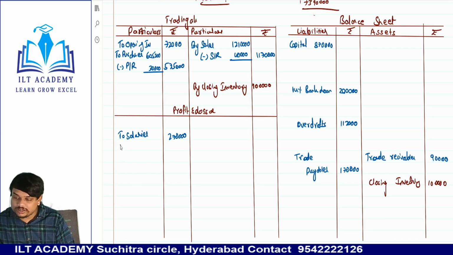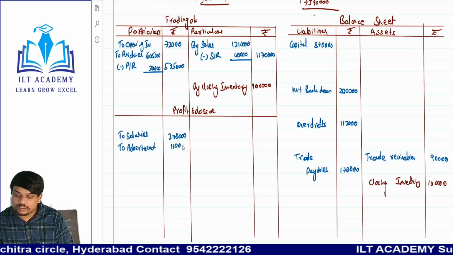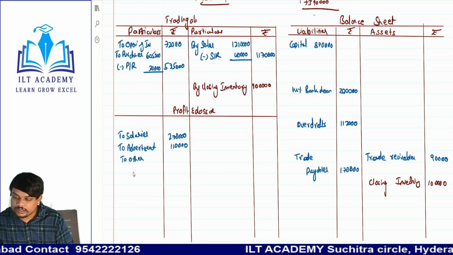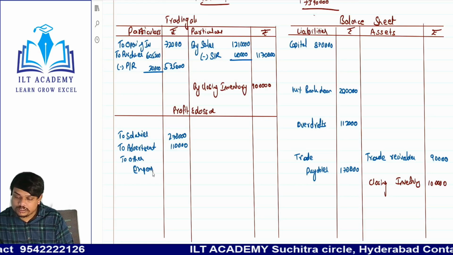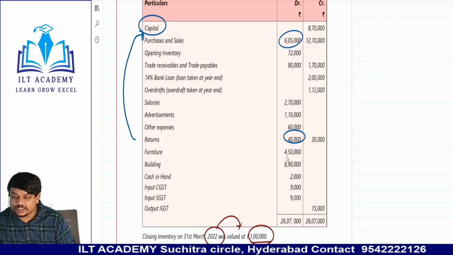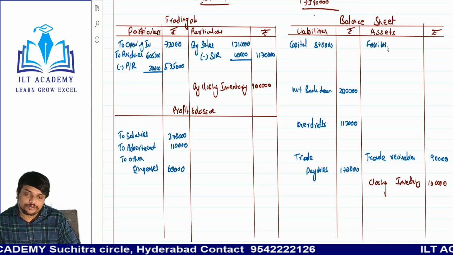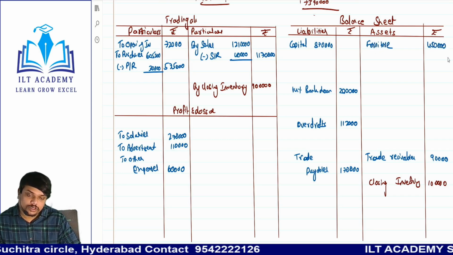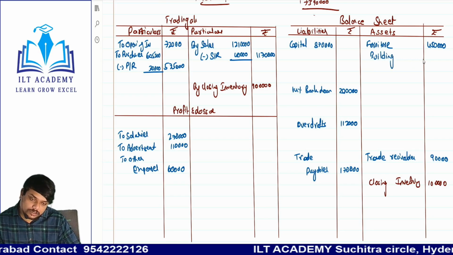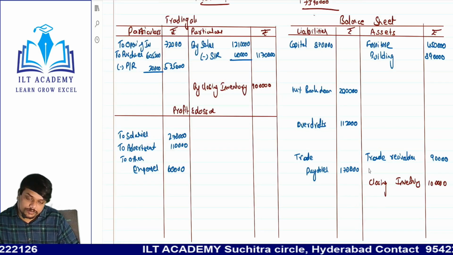Next, advertisement 1,10,000. Other expenses 60,000. Returns done. Furniture 4,50,000. Being 8,90,000. Cash line 2,000.